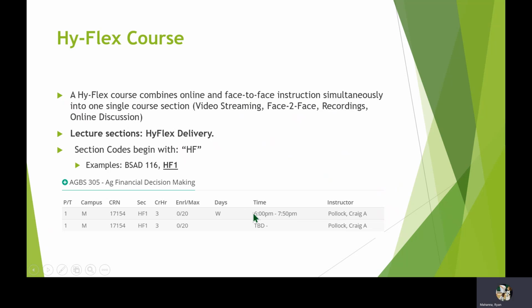It has a meeting time, and then the to be determined is going to be determined by Professor Pollock as to what the different method deliveries would be. That TBD, to be determined, can get students worked up because they think there's some details that are going to be released. It's really on the professor to get that information to you. So you have to pay attention to your email before the first day of classes.